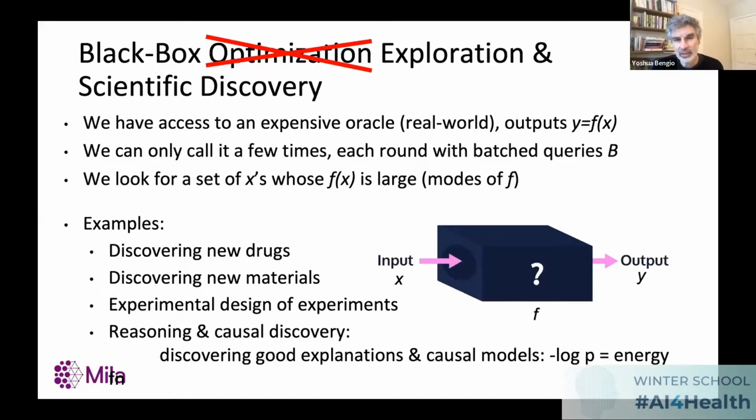Now, in our case, we want a variation on that where it's not really optimization. We want something more like exploration. So we want this notion of diversity as well. And this could be applied to discover new drugs, but it's really a general purpose tool for scientists for discovering new things, new materials, answering questions about things we don't understand in nature, and so on.